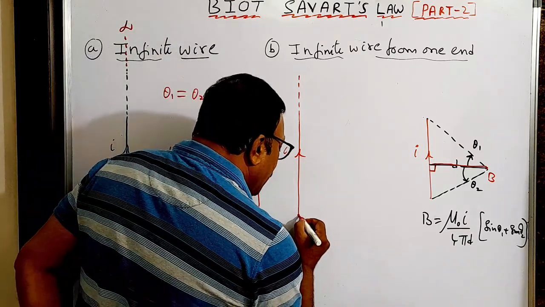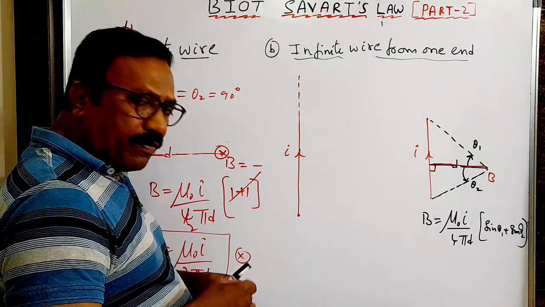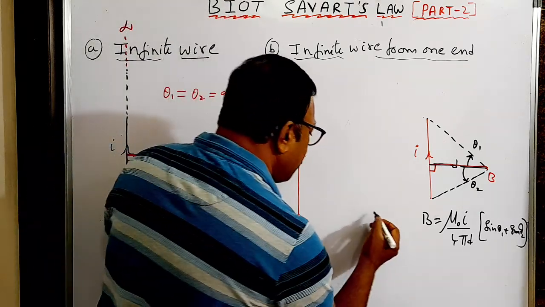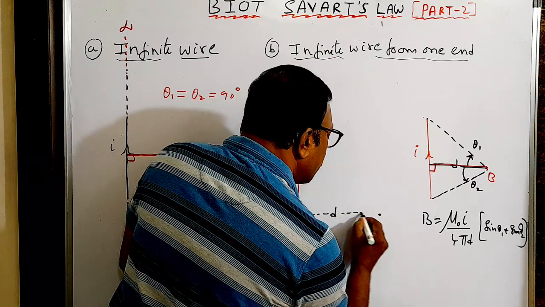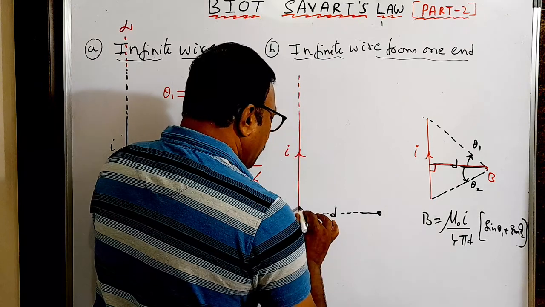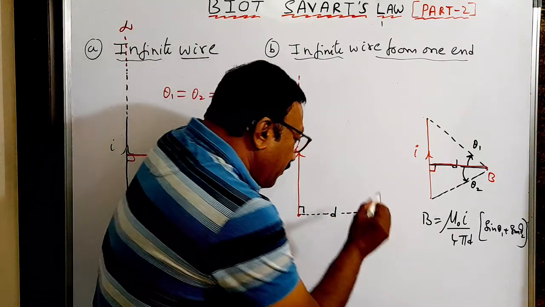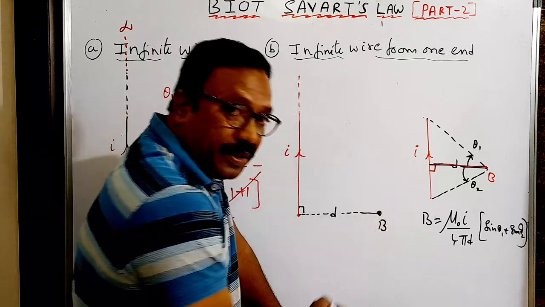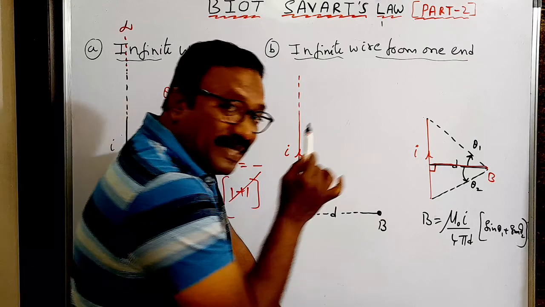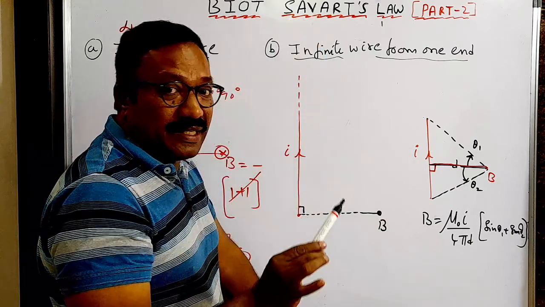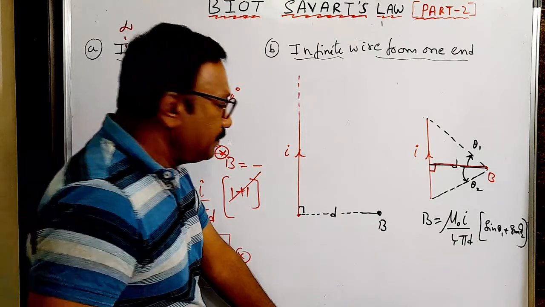But anyhow, I want the magnetic field from this point, at a perpendicular distance D. So the magnetic field induction B at perpendicular distance D from the wire, but from one end of the wire, is infinity on one side only.